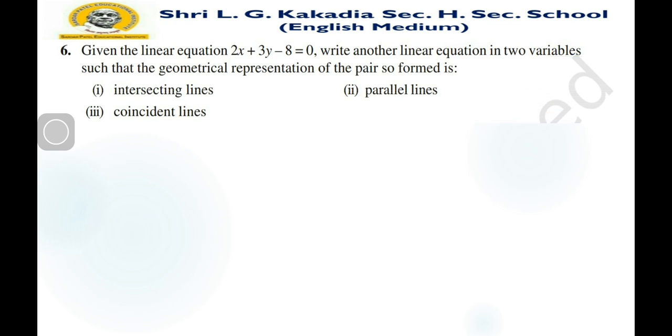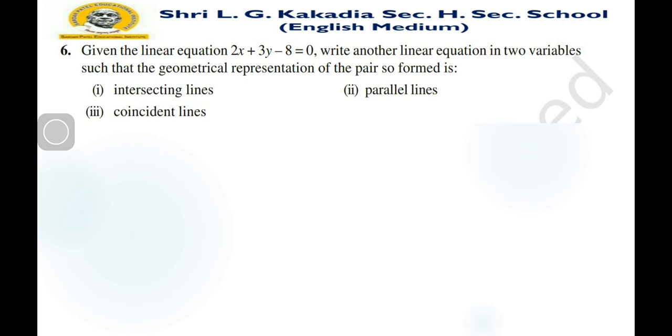Example number 6. Given the linear equation 2x plus 3y minus 8 is equal to 0, write another linear equation in two variables such that the geometrical representation of the pair so formed is intersecting lines, coincident lines and parallel lines. Means we give one example related to this given equation.